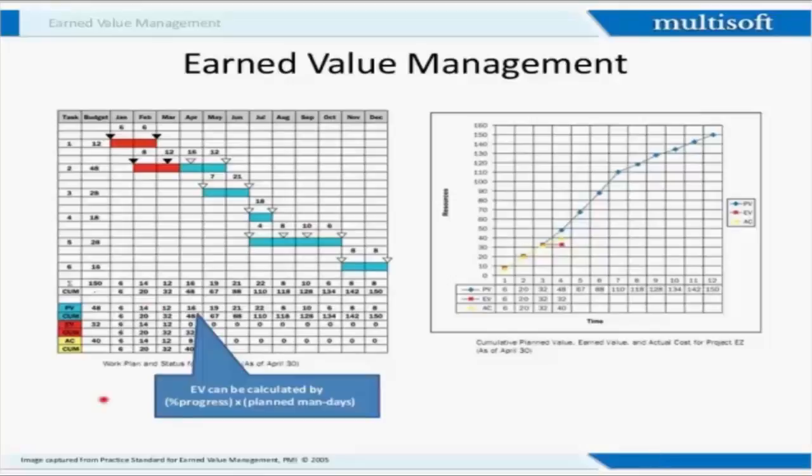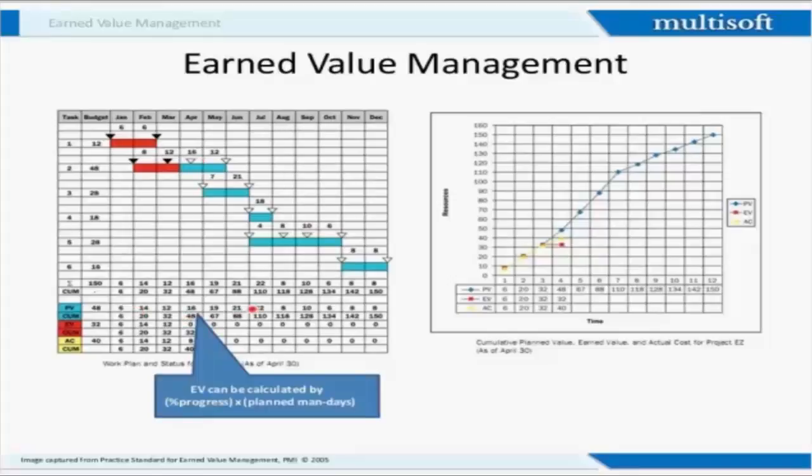EV can be calculated by percentage progress times planned man-days. Now PV is given here, whatever was planned. For each of these tasks, in Jan how much time, Feb, March, April, May: all these are my planned value.